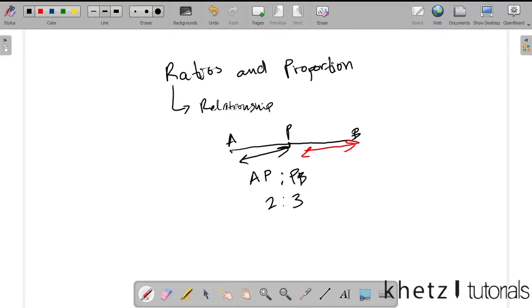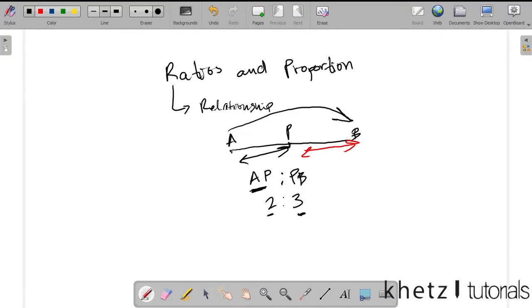So this is what this means. Let's say we had this line measured in meters. We're not saying AP is 2 meters and PB is 3 meters. No. What we're saying is that AP takes up a fractional part of 2 of the total length AB, which is essentially just a ratio.